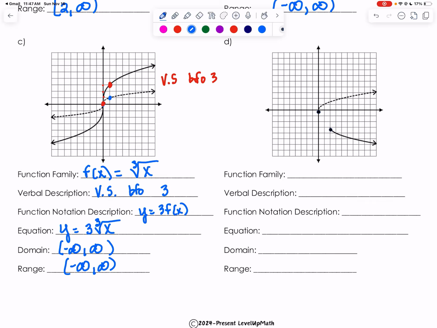All right, welcome back. Let's see. Hopefully you said that the function family was going to be square root of x. Now, several things are happening to this graph here. We have moved to the right 2. We have moved 1, 2, 3, down 3.